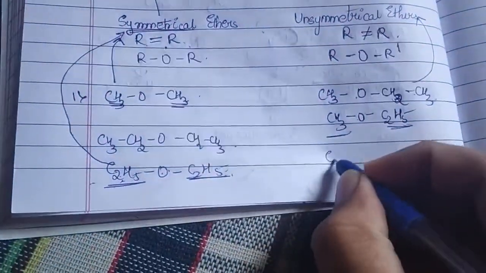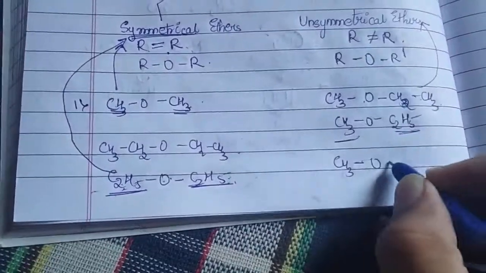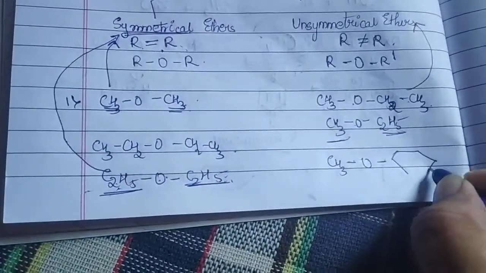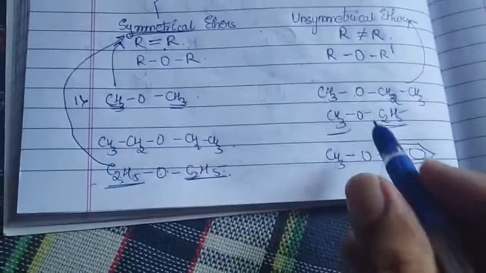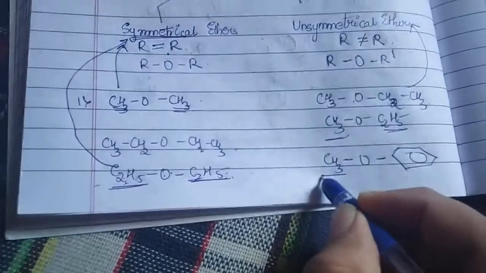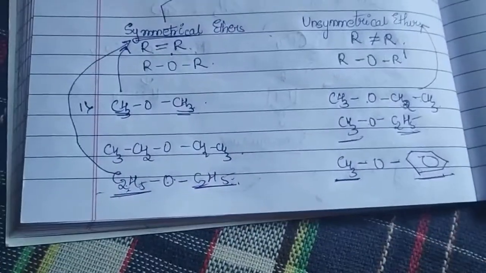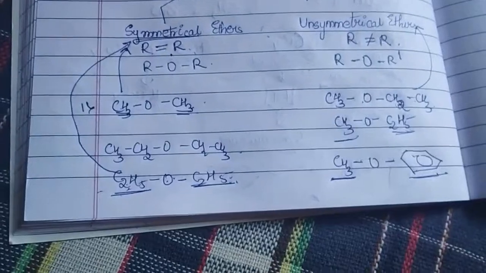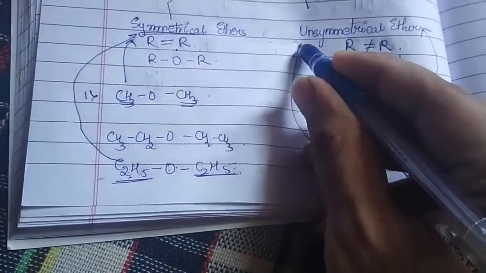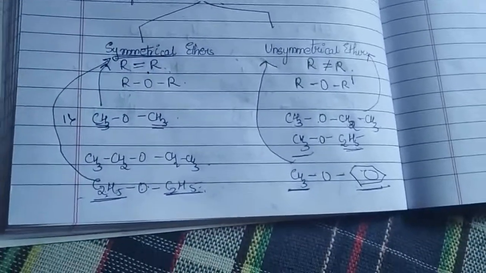If I write CH3OC6H5, what are we seeing here? One is an alkyl group and the other is an aryl group. Both are different, so this belongs to unsymmetrical ethers.